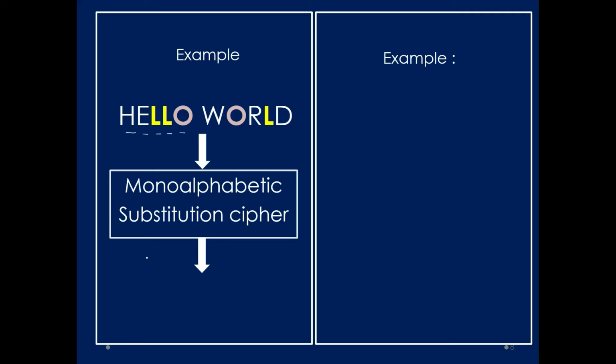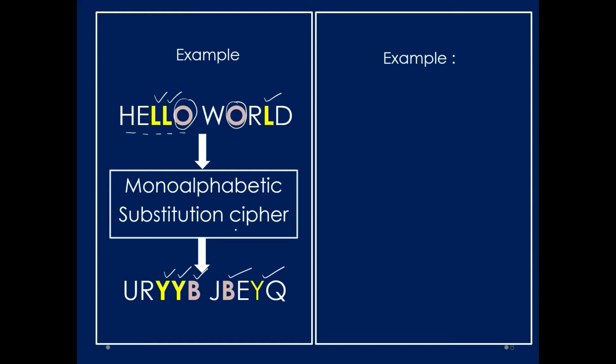So if I am using a one-to-one mapping, every time a letter L occurs, it has been replaced with Y. Similarly, here O is occurring twice, so every time an O occurs, we replace it with B. So monoalphabetic substitution ciphers are the ciphers which use one-to-one mapping.